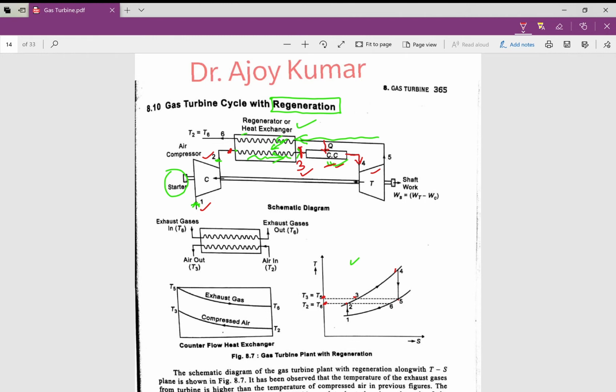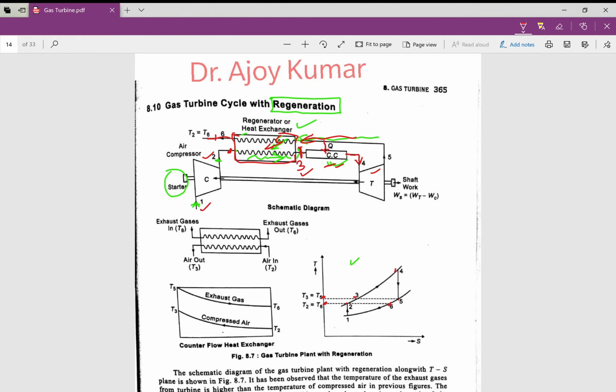this gas is supplied to this heat exchanger or regenerator, and after losing heat to this compressed air, it goes out at point 6.